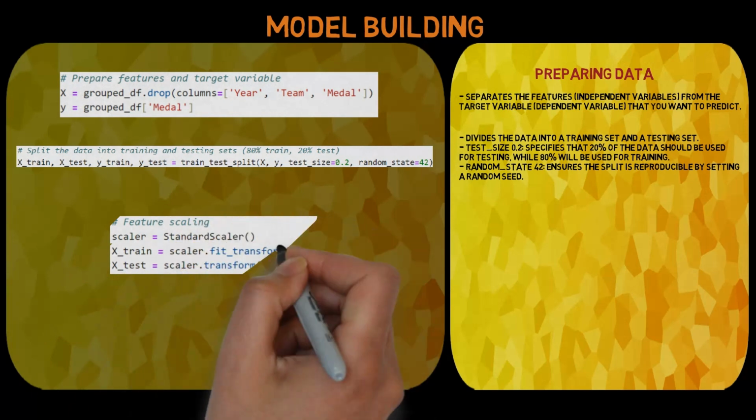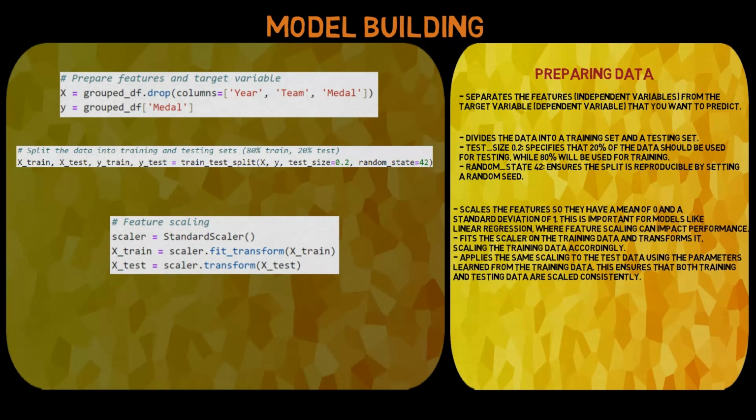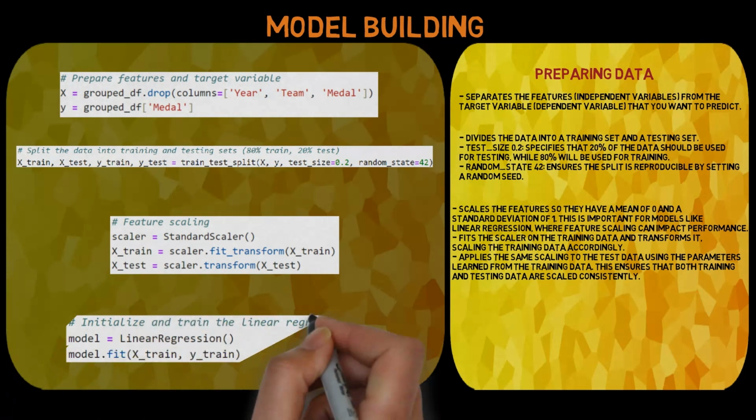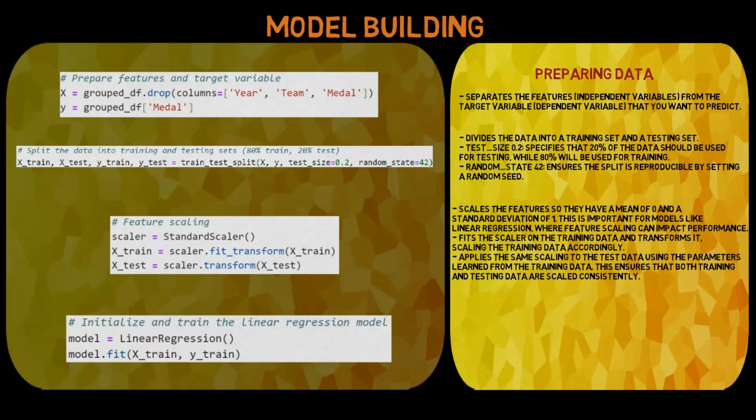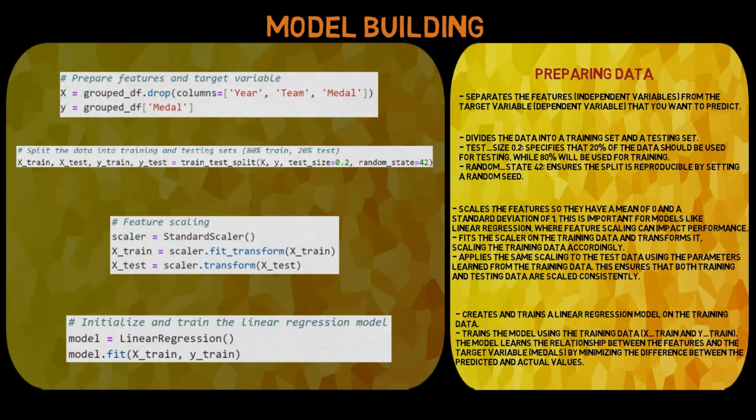Feature scaling is applied to ensure that all features have a mean of 0 and a standard deviation of 1. This is particularly important for linear regression models. We then train a linear regression model on the scaled training data, allowing the model to learn the relationships between the features and the target variable.